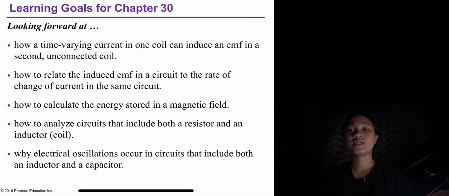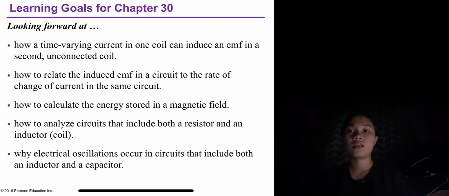But before we dive deeper, it's important to clearly understand what we aim to learn in this chapter. So we have here our objectives, or the goals of this discussion. First, we will study mutual inductance, which occurs when a changing current in one coil induces an EMF in another nearby coil.